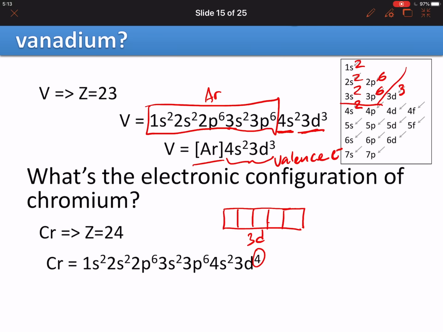So that means you're putting 1, 2, 3, and 4 electrons there. And then you have this orbital here, very sad, unoccupied, and that orbital is actually not happy about it, okay?